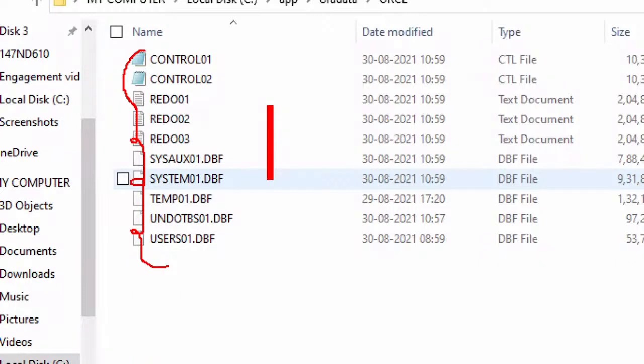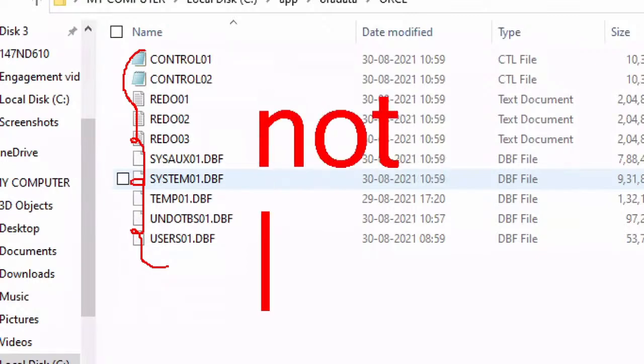In that location I try to observe where the table is available. Unfortunately, Z is the table I'm giving. Is that table visible in the operating system or not visible? Very good, not visible.